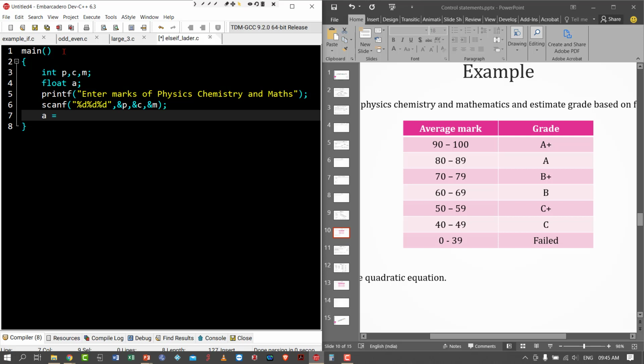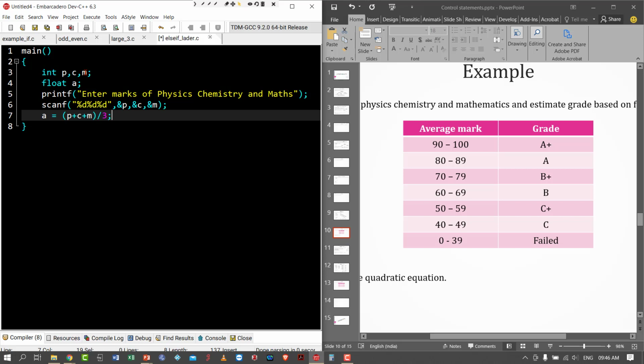Here I want to find average of P, C and M. Generally, what will you do? A plus B plus C divided by 3. Here it is P plus C plus M. That's it. So P plus C plus M by 3.